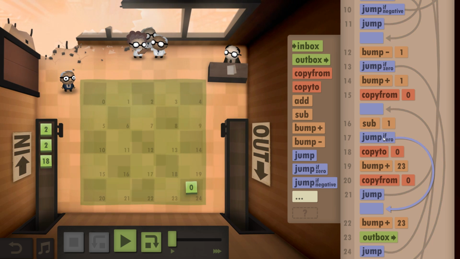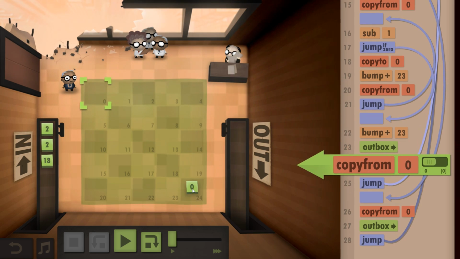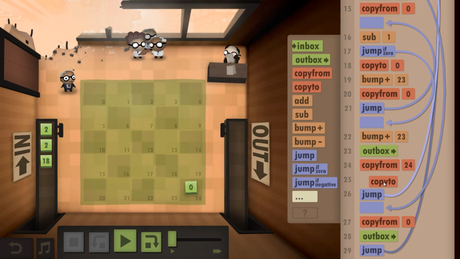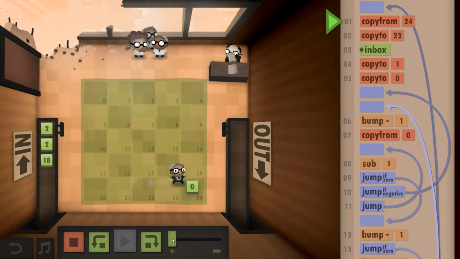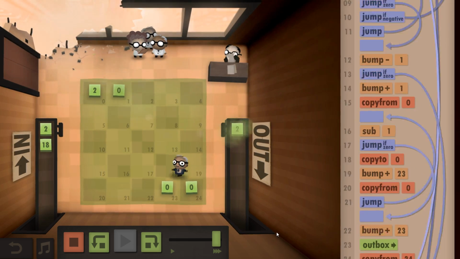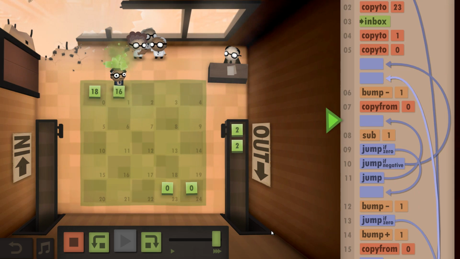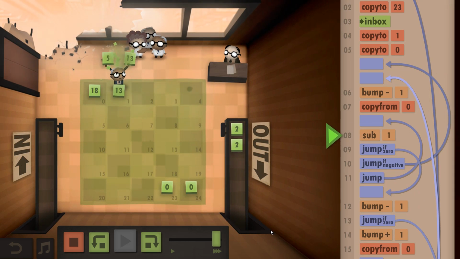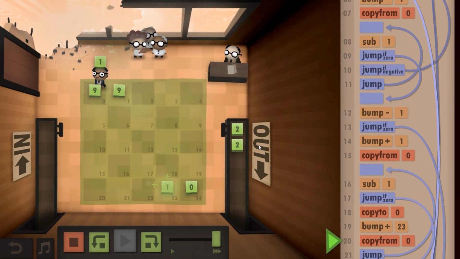If 0. Bump up the counter and outbox it. And then copy from 24, copy to 23. See that. Because yeah, I forgot it has to output more stuff. That's not the problem.